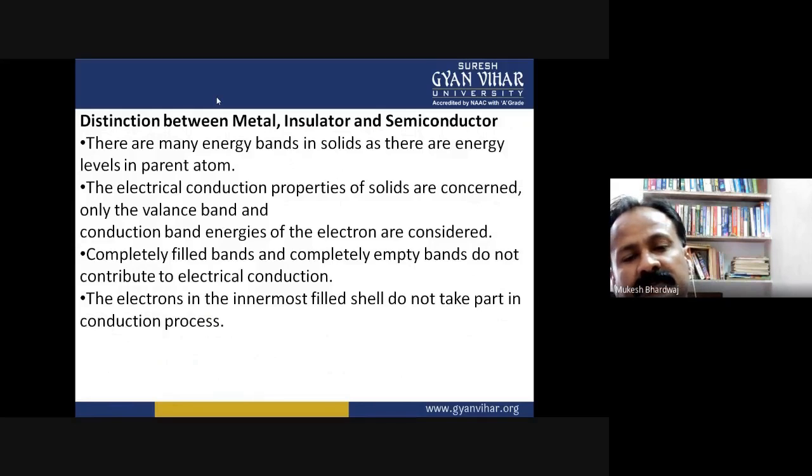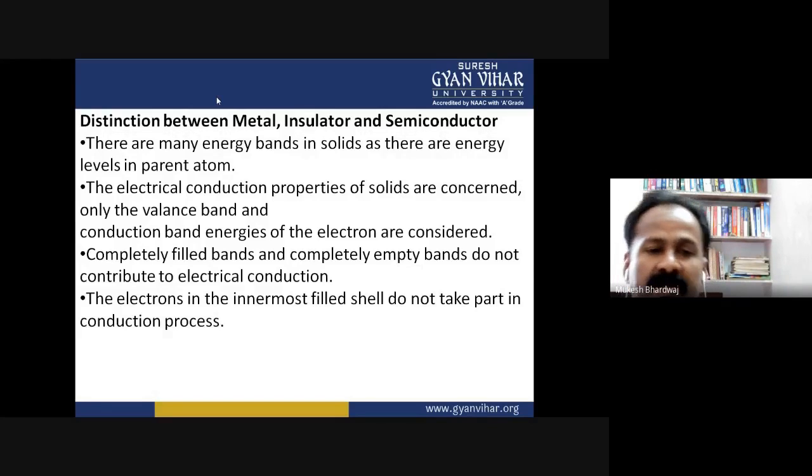Again, the innermost shell electrons do not take part because they are tightly or mostly attracted by the nucleus, and the attraction force is so high that they cannot participate in the conduction process.